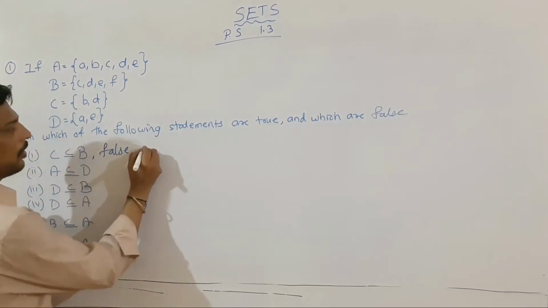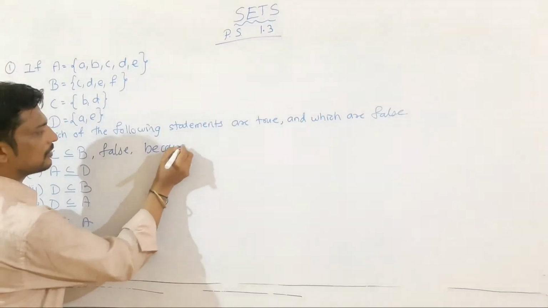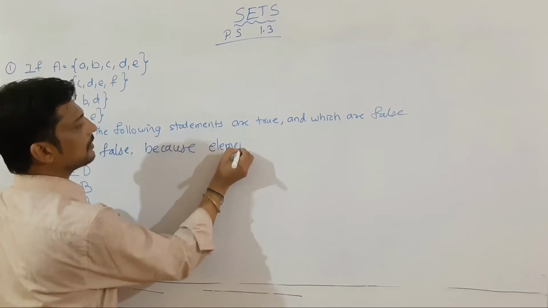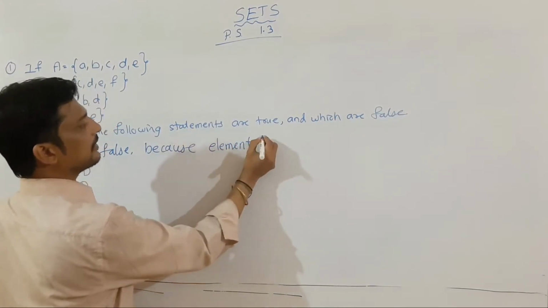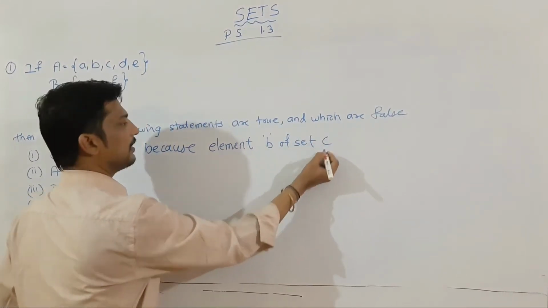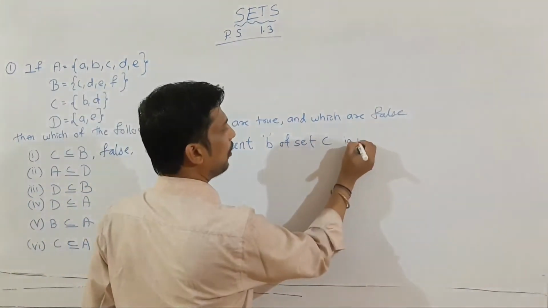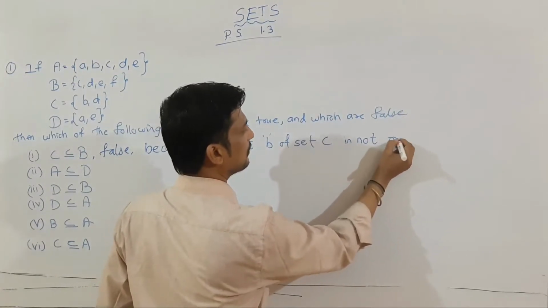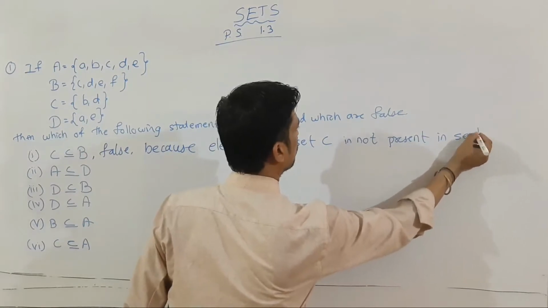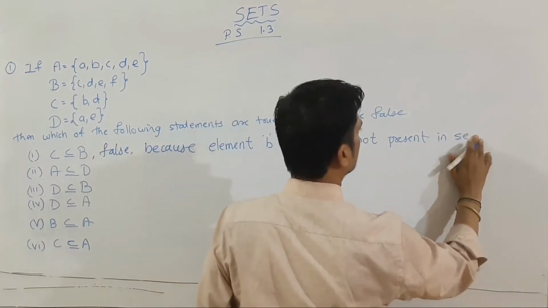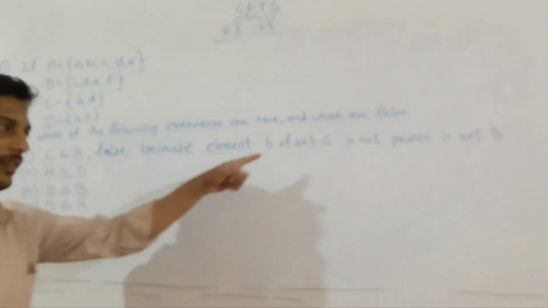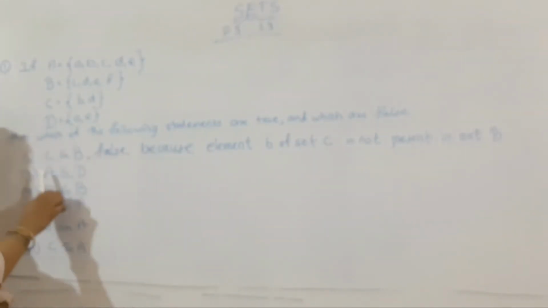Why is this false? Because element B of set C is not present in set B. This is my reason and my answer is false. Let us check the second one.